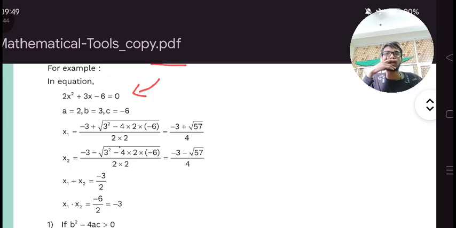Here we know that a is 2, b is 3, and c is minus 6. We have a formula: x1 is minus b plus under root b square minus 4ac, upon 2a. Yes, 2a. You will substitute the values of the variables.